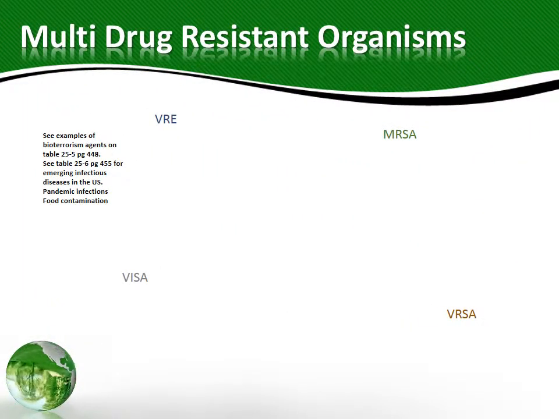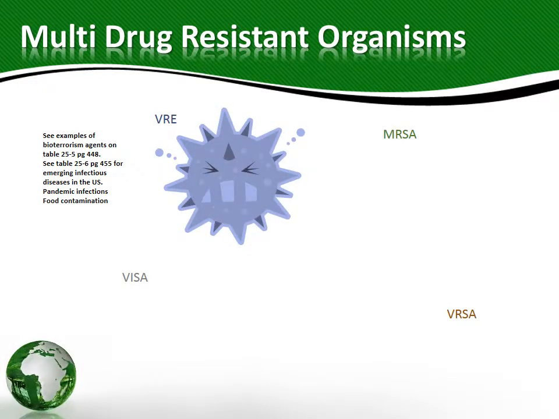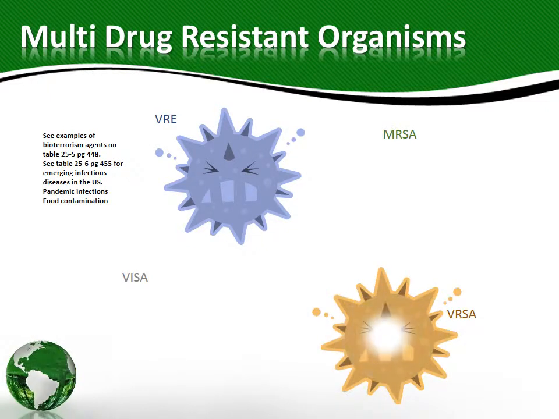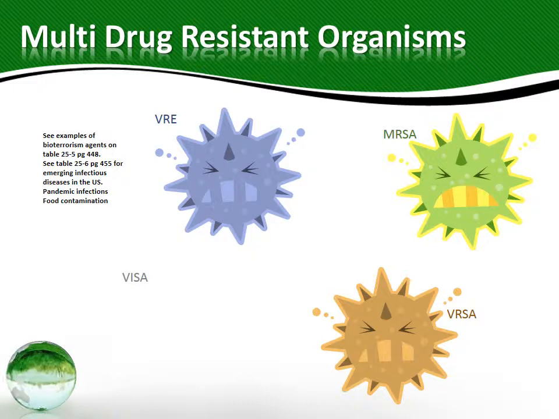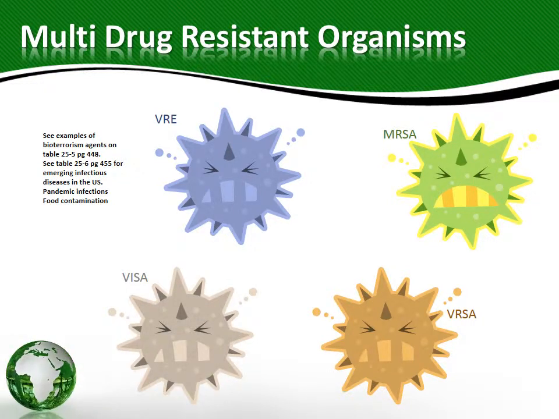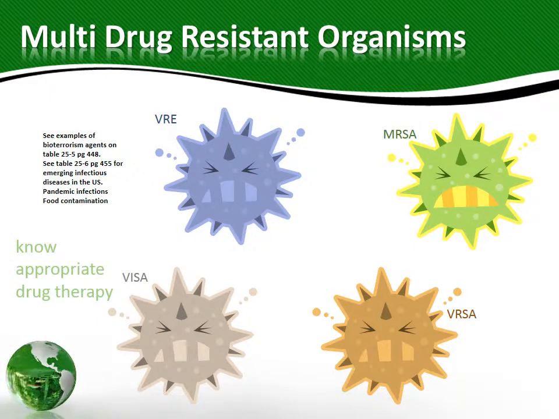Okay, so we're going to discuss a few multi-drug resistant organisms. These include VRE, VRSA, MRSA, and VISA. You need to know the appropriate drug therapy for these drug-resistant organisms.